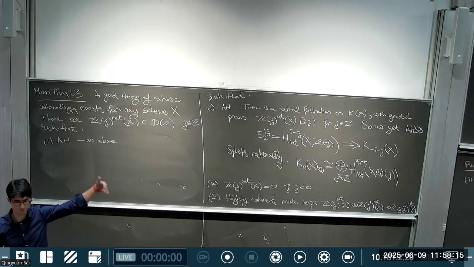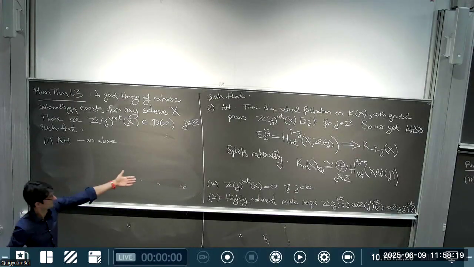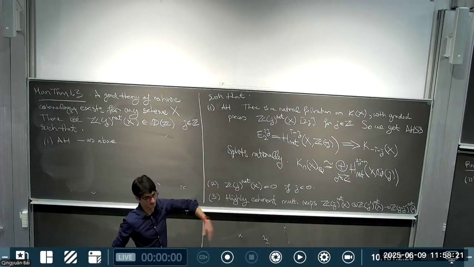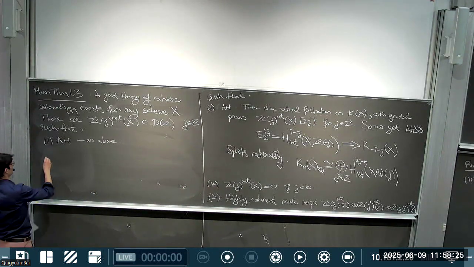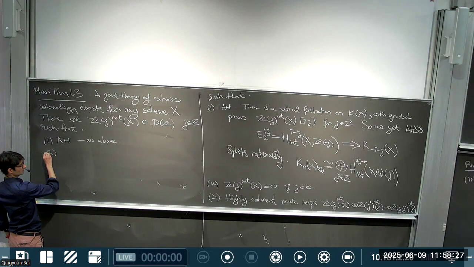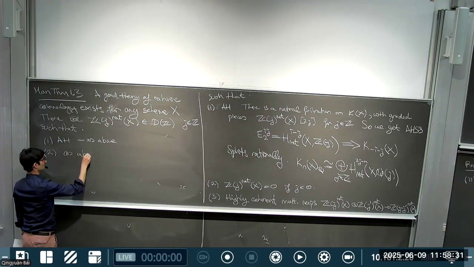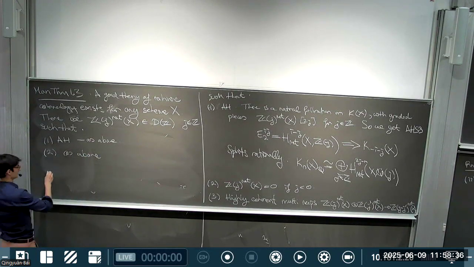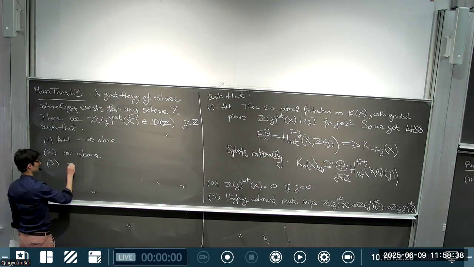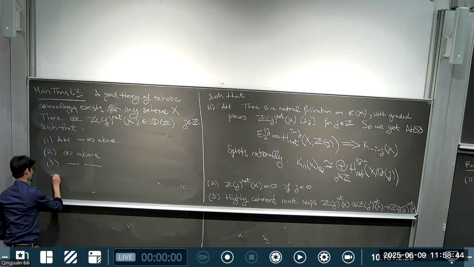There's a filtration on the K theory of X, with graded pieces given by these motivic complexes, and I'll get a resulting spectral sequence. Everything will split rationally. The motivic complexes will vanish in negative weights. There'll be a highly coherent multiplicative structure. Okay, now we get the first difference.